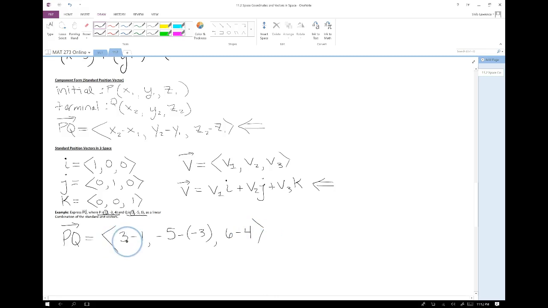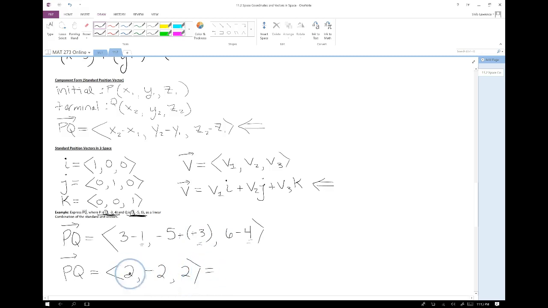You always have to put those in the proper order or they'll come out incorrectly. You always want your terminal coordinates first and then your initial coordinates second in those subtractions. So PQ in component form is 2. This is going to turn into a plus, so negative 2, and 2.